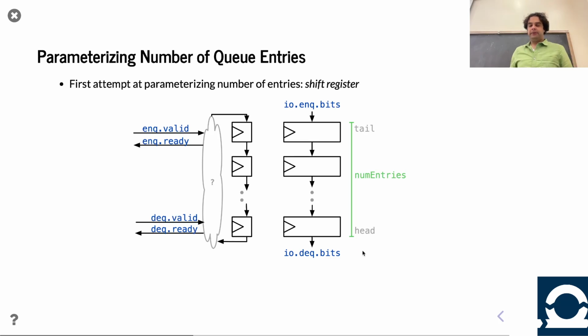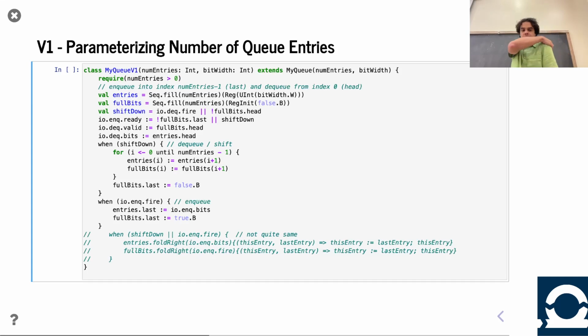In Scala, when you have collections, things like Seq or even more general collections, there's a notion of head and tail, right? So head is the very first element, tail is the very last element. Just to make it clear how I'm choosing to map this to this design, I put the head on the DQ side. So that means this is index zero, this is index n minus one. Cool. Okay, so you see those pieces fit together.